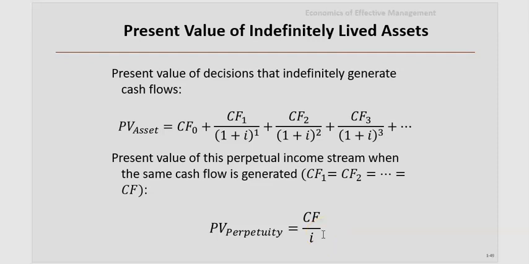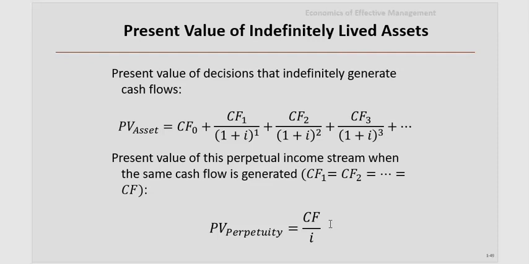And that's a really helpful formula. Imagine you receive $100 right now, and you're going to keep receiving that every year. If the interest rate is 10%, 100 divided by 0.10 equals 100 times 10 over 1, or 100 times 10. So the present value of that perpetuity is $1,000.